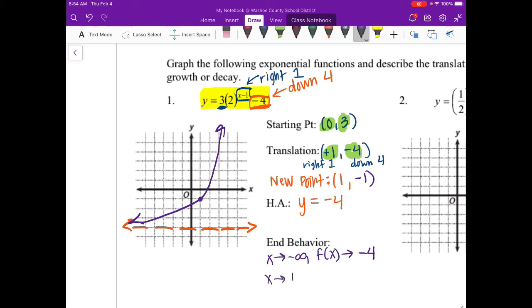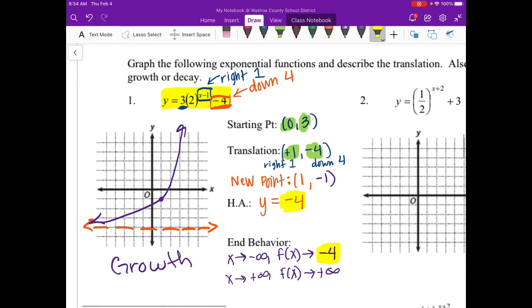As I go to the right side of my graph, my y values are just going up. So this graph is displaying exponential growth. And there's a few things that should match here. Your end behavior should be related to the horizontal asymptote somehow, which will be affected by which way you translate it up and down. Okay.